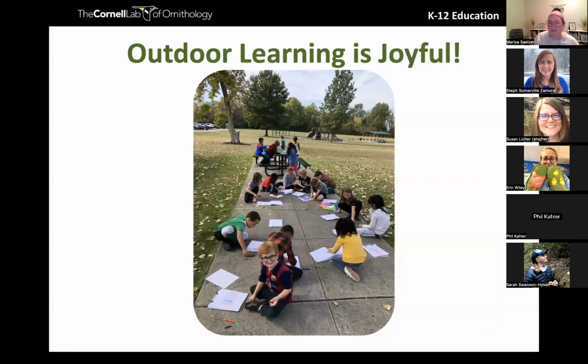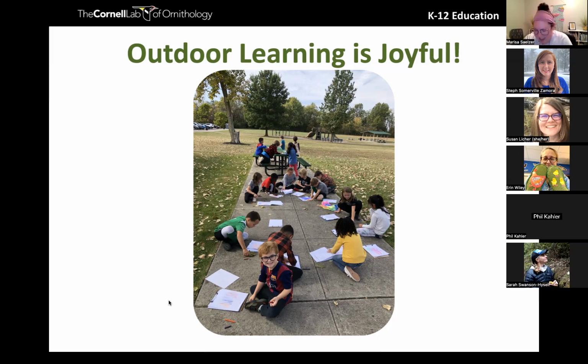And then just my last and really important point is that outdoor learning is so joyful. I just love this picture. This is from just a few days ago when we were doing leaf rubbings, and I've been trying to document our journey over time so that they can see it too in pictures. I just love that this little boy looked up at the perfect time.